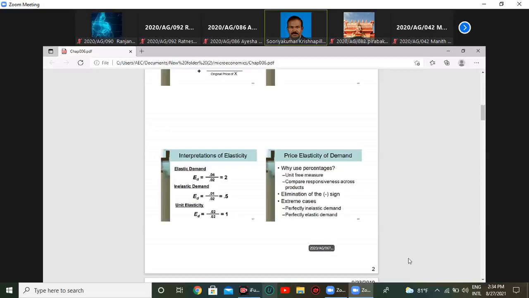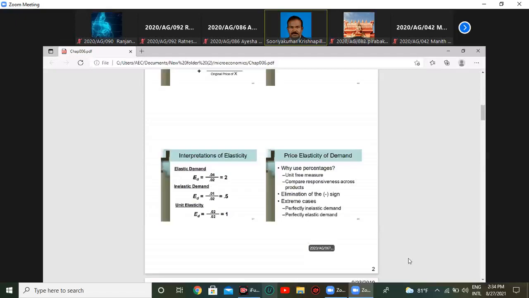Okay, so you should remember this even after you complete the degree. If someone asks, if the elasticity is this value, what is the demand, elastic or inelastic?